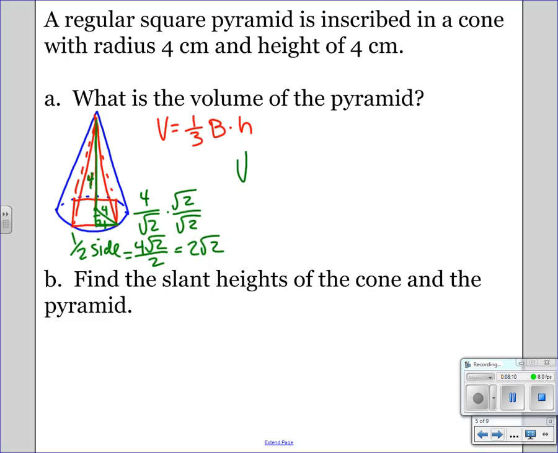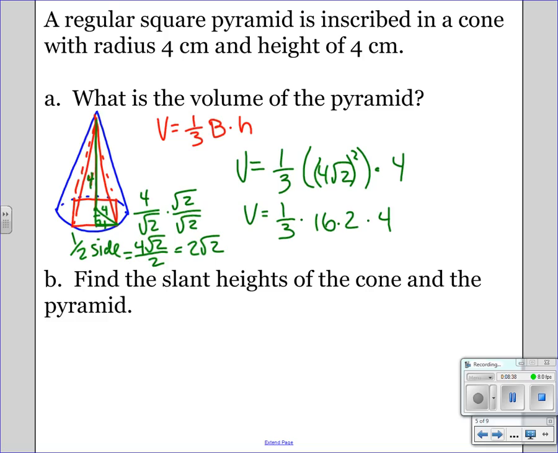So plugging into our formula, volume is 1/3 area of the base. Well, the base is 4 root 2 squared times the height, which is 4. 4 root 2 squared, that's going to be 16 times 2 times 4.